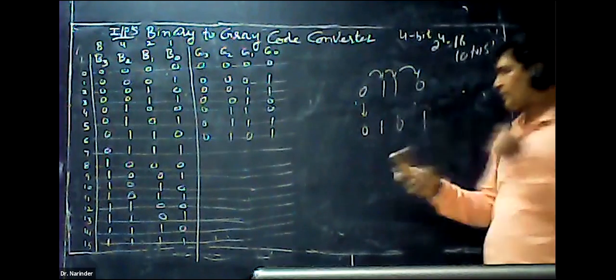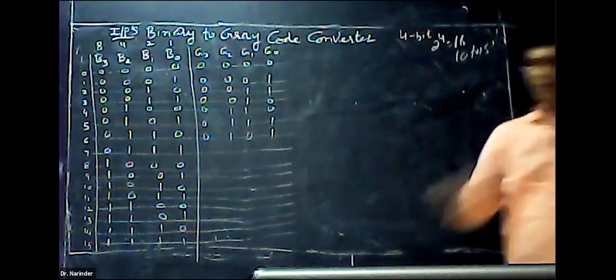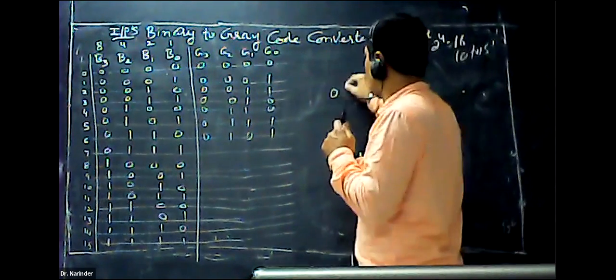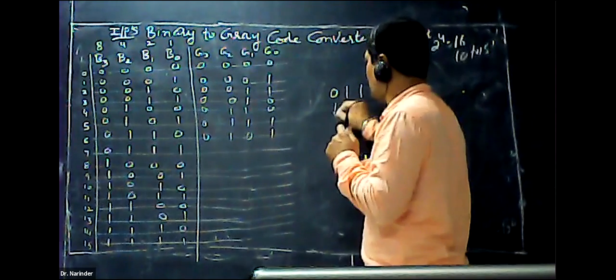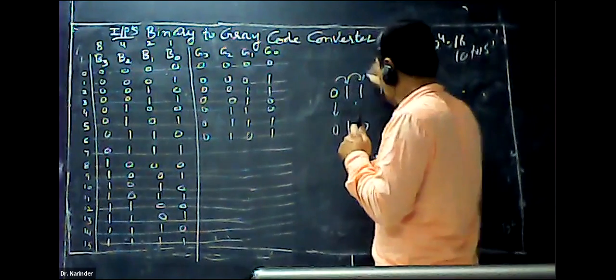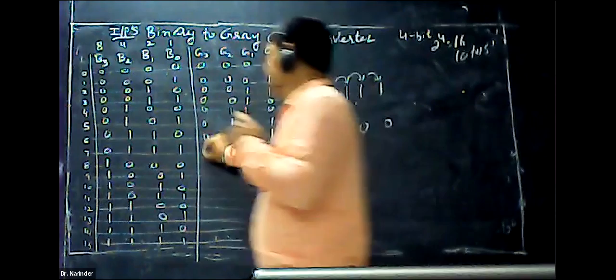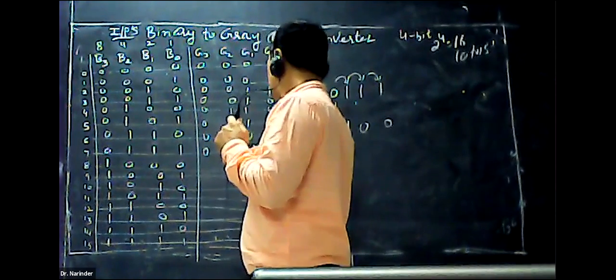Now, 7. 0, 1, 1, 1. This is 0. 0 plus 1 is 1, 1 plus 1 is 0, 1 plus 1 is 0. So here you have to write 0, 1, 0, 0.